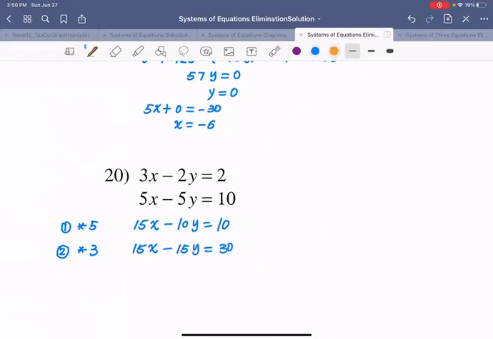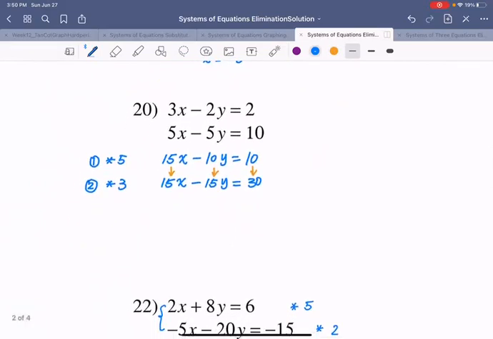Now let's do it very carefully, okay? This canceled, right? We don't need to write down anything. We can write down this minus negative, so which is this, right?